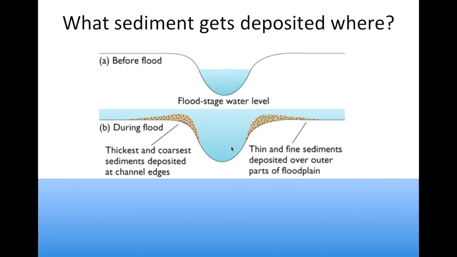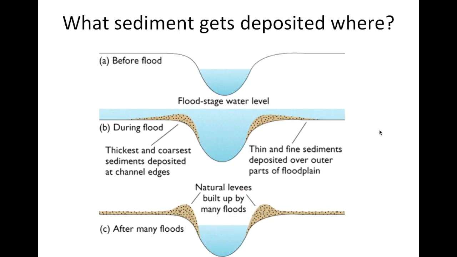So the further I go away from the bedding, the more likely I am to find clays, and the closer I am to the bedding, the more sand I should be finding. Every time the river overflows, it drops a bit of sand over here first, and only the smallest particles will get over there. So there is less sediment here, and most large particle sediment will fall down closest to the riverbed.